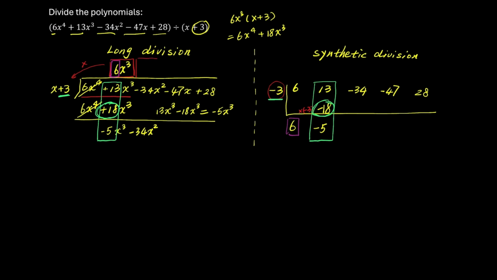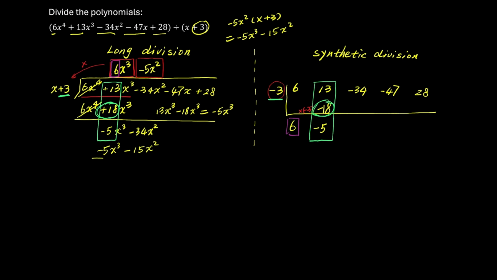Now we need to figure out the term here that when multiplied by the x plus 3 will give us a binomial whose first term is this x cubed term. So when we multiply this term by x plus 3, we get the x cubed term and a corresponding x squared term.